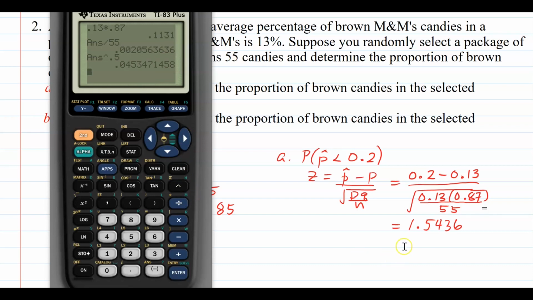And once we have the square root, we're going to subtract 0.13 from 0.2 and then divide the result by this number that we see on the screen. 0.2 minus 0.13, and then divide it by the result in our previous calculation, and that gives us 1.5436.